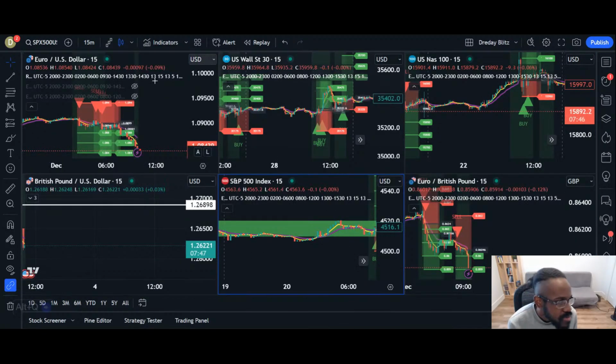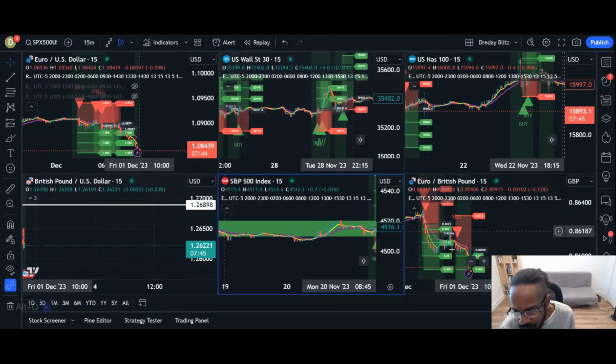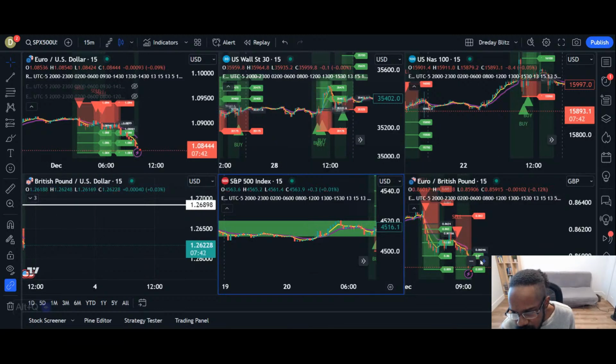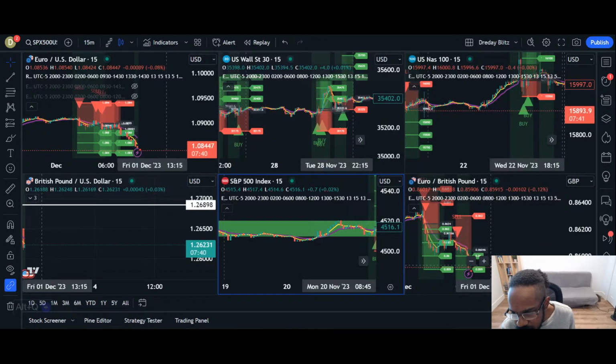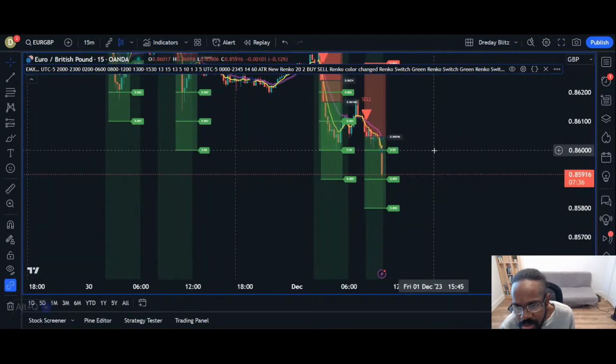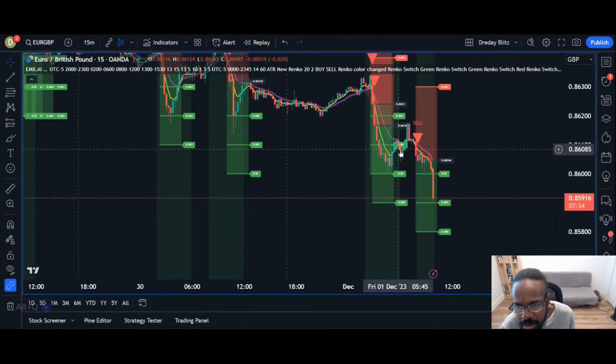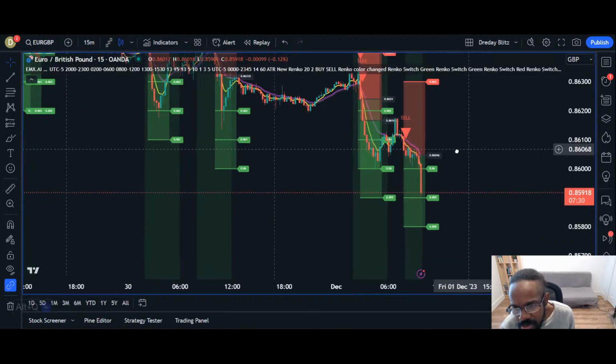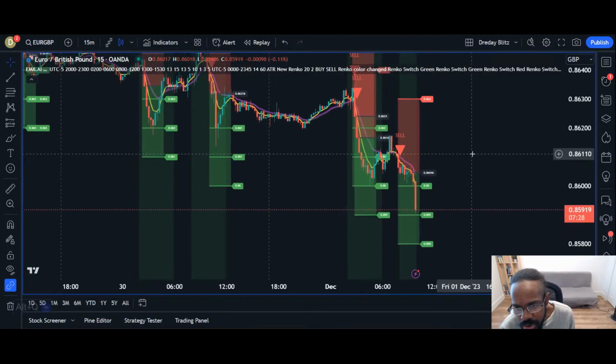So let's close this out. Euro GBP is looking very good right now. So if you took that sell that came in at 8, you would be in really good profit.